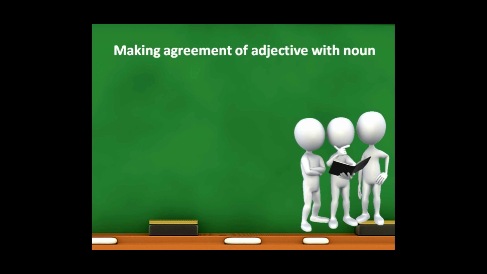Let's make agreement of adjective with noun. Our medical term will be made of noun costa and adjective verus. First step is to indicate gender of noun costa, ending a, femininum.